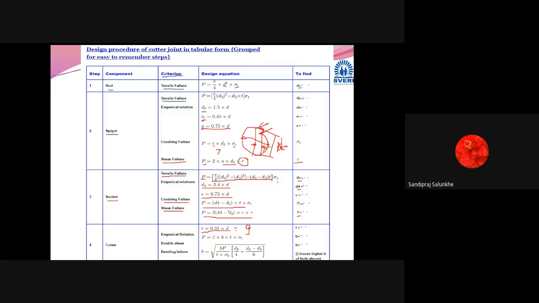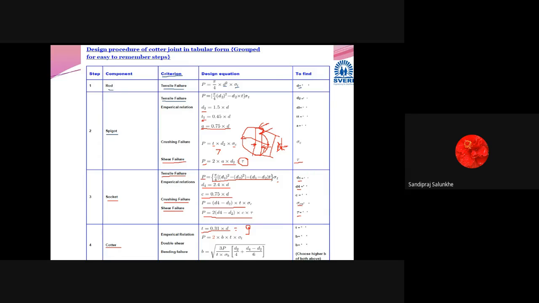Once you have calculated the dimensions of the socket, that is the D1 value, D4 value, C width, then we are going to check whether the crushing stresses and the shear stresses are within the limit. Then the last part of the design of this total assembly is the quarter pin, which we are going to insert in the slot provided for it.